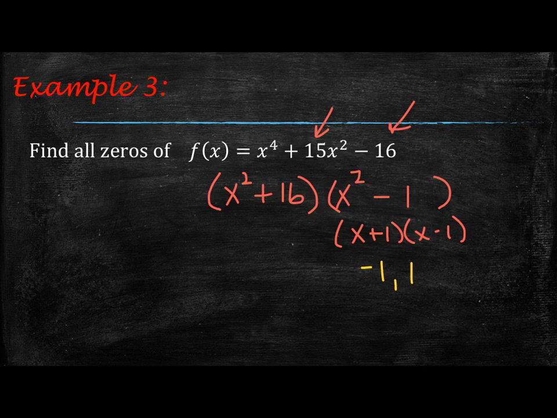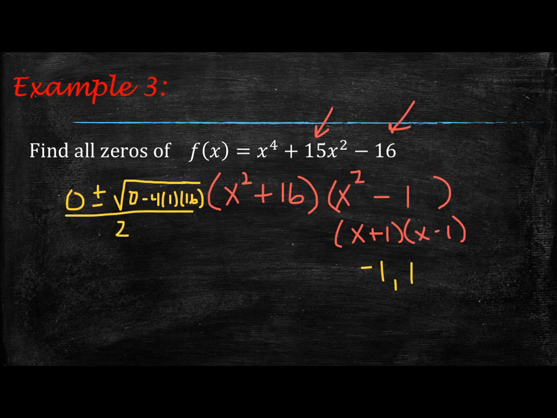Now let's go ahead and use the quadratic formula on the x squared plus 16. So negative b, which would be just 0 because there's not a b term, plus or minus the square root, b squared, which would be 0, minus 4 times a times c, all over 2 times a, which would just be 2.